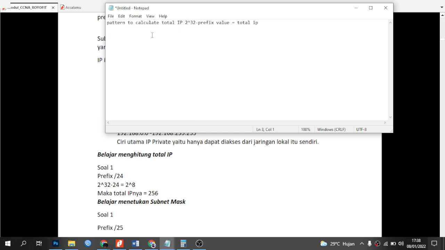Okay, for example, prefix /24: 2 to the power of (32 minus 24) equals 2 to the power of 8, which equals 256.